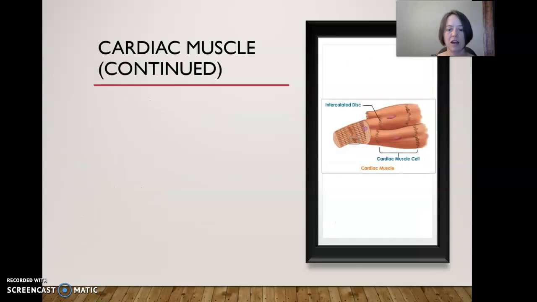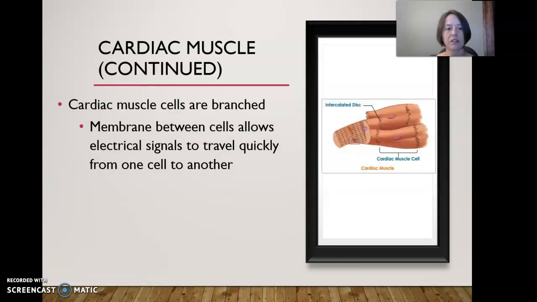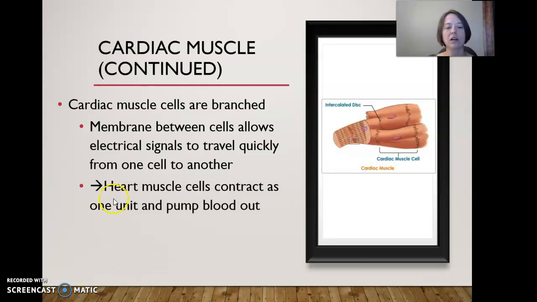So let's look more at our cardiac muscles. They are branched, and the membrane between the cells allows those electrical signals to travel quickly from one cell to another. So the question is, why do you need the electrical signal to travel quickly between one cardiac muscle cell and the next? It is because the heart muscle cells need to contract as one unit and pump blood out.